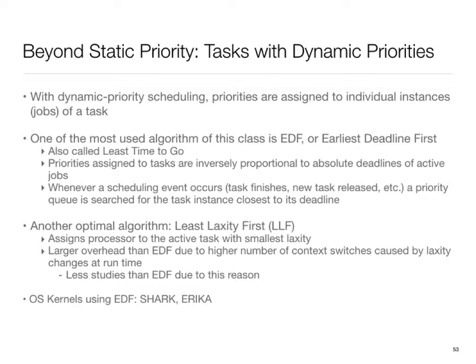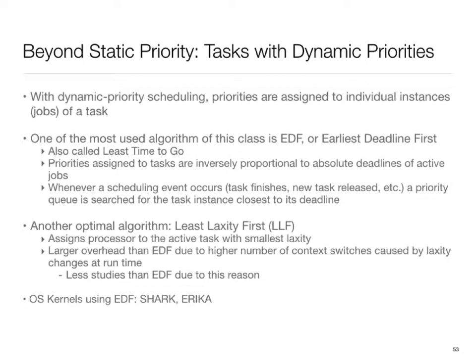There are operating system kernels which implement it. They are rarer. You won't find them in the usual embedded OS or general purpose OSs, but there are a couple. There's one called Shark and one called Erica. They are open source, so they're available.